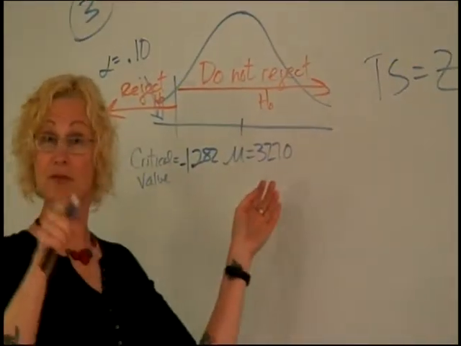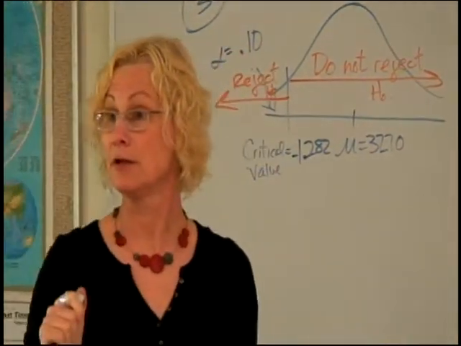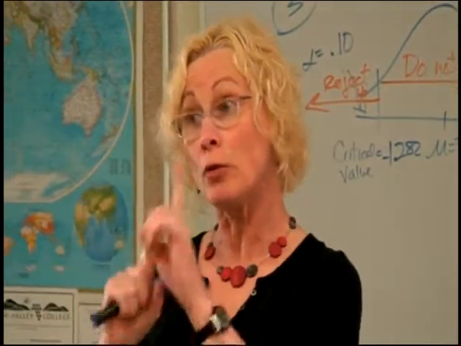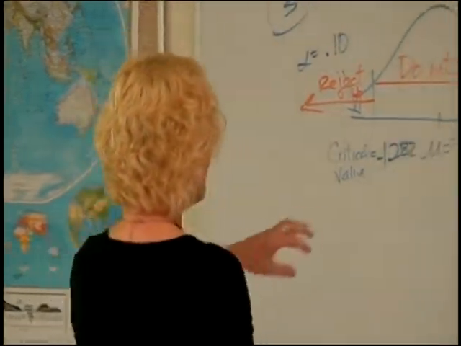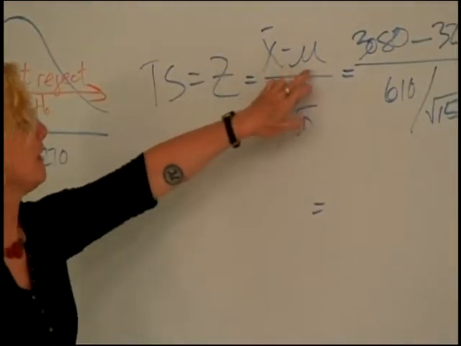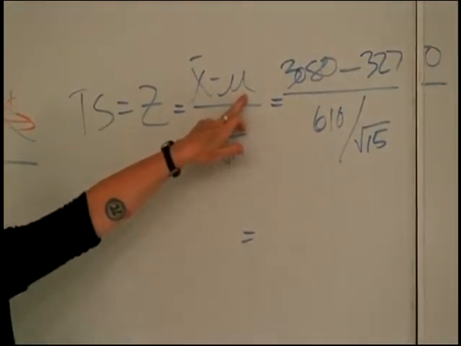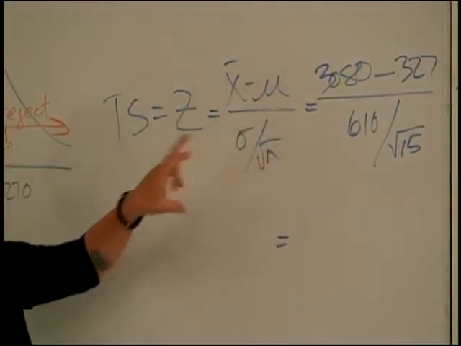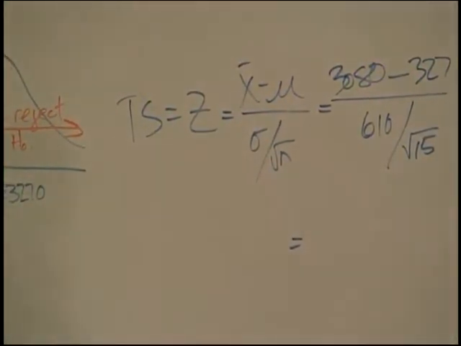Okay? In terms of standard deviations. Yeah, Lauren. The test statistic always tells us how far away our sample statistic is from the hypothesized value, whether it be a proportion or mean or whatever, in terms of standard deviations.